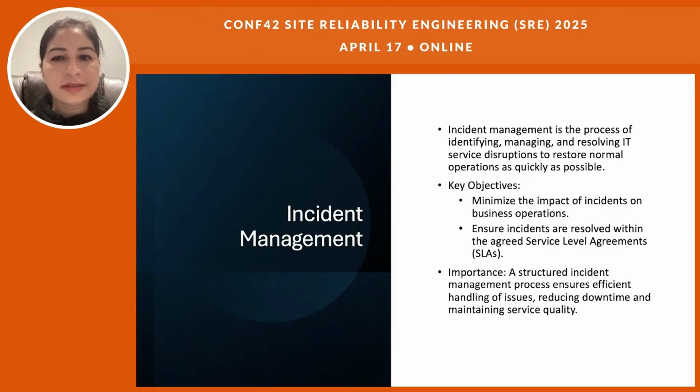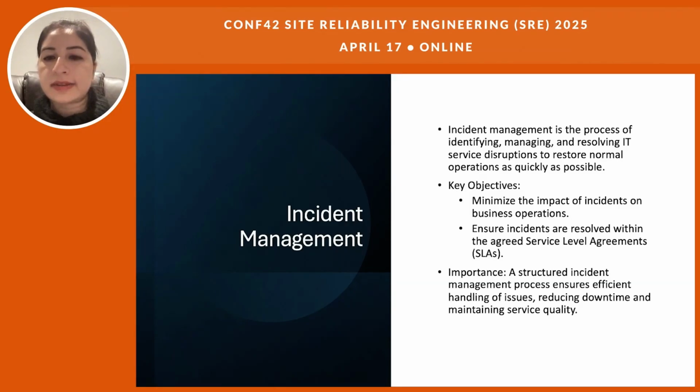And why is this important? A structured incident management process not only reduces downtime, but also maintains service quality by ensuring issues are handled efficiently and effectively. Let me illustrate this with an example. Imagine a critical e-commerce platform that goes down during a major sales event like Black Friday.